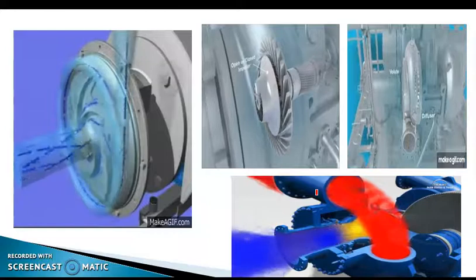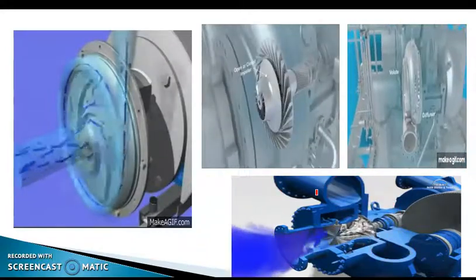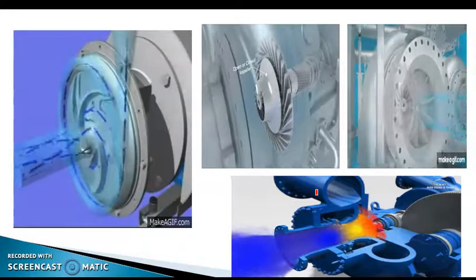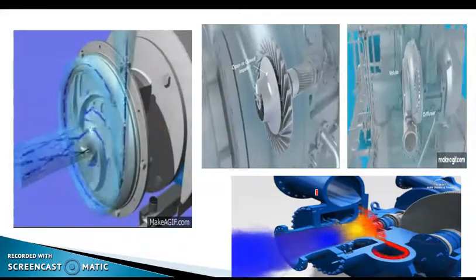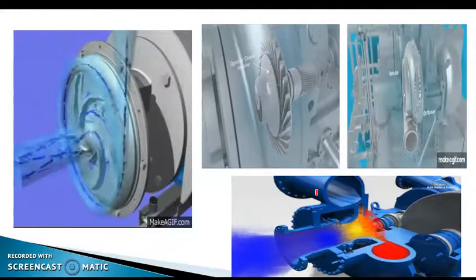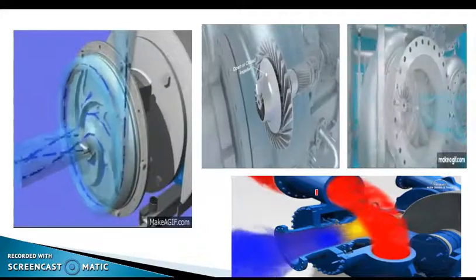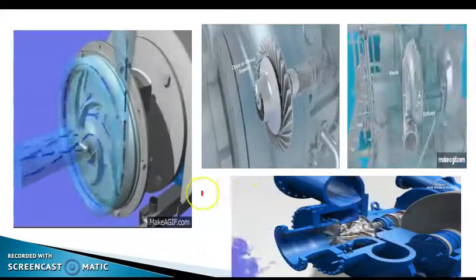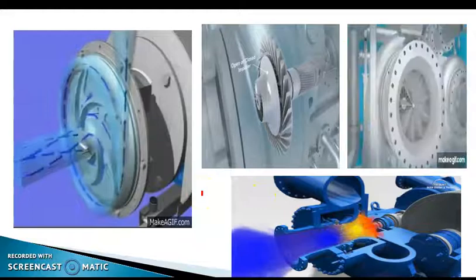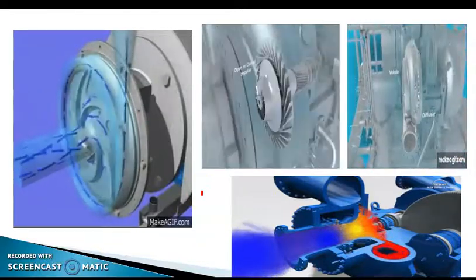Normally the vaneless type of diffuser permits more efficient part load operation, which is quite usual in any air conditioner plant. And the last part is the volute casing, which collects the refrigerant from the diffuser.